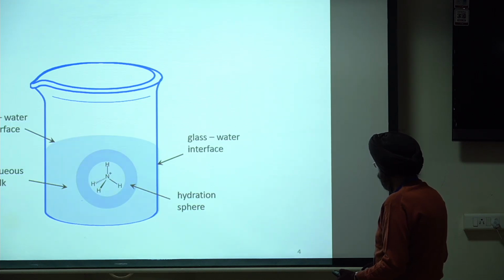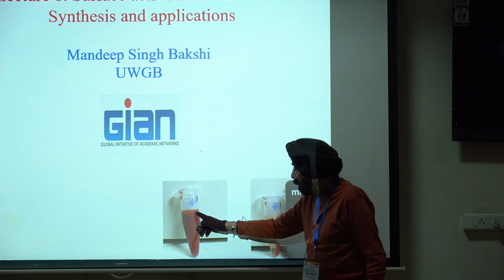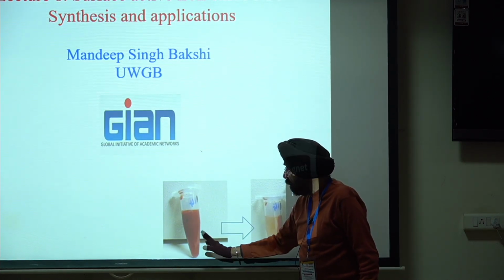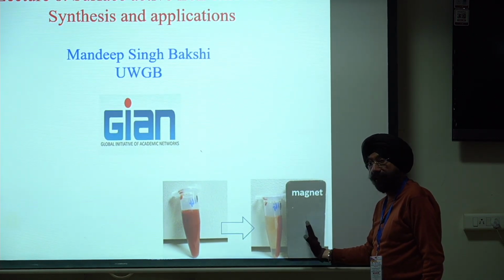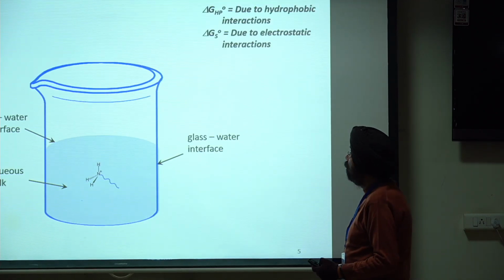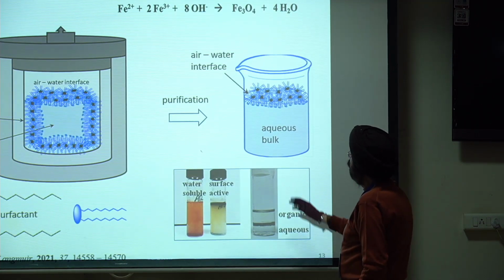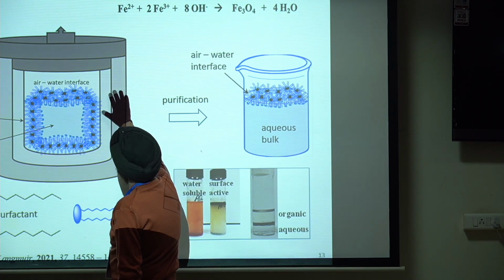Here, this is the magnet, this is the nanoparticle suspension. It is water soluble, not surface active. When you place the magnet, see all nanoparticles are attracted towards the magnet.